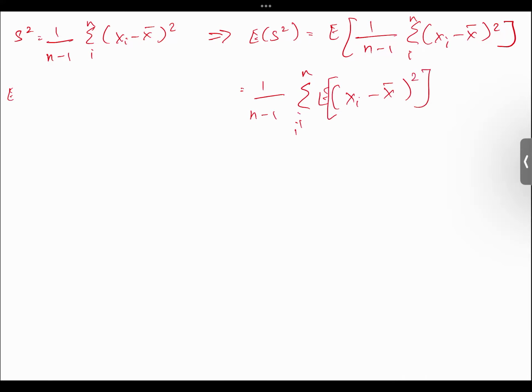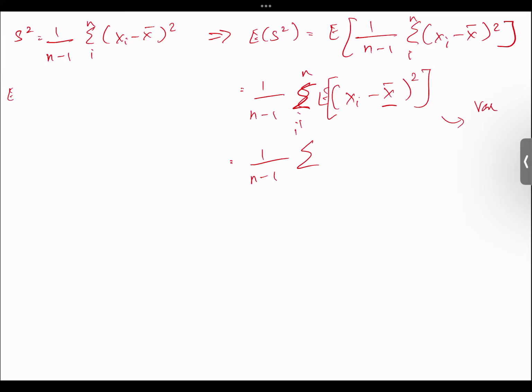Now, if you remember, in theory we have seen that this 1 by n minus 1 stays as such. The summation stays as such, and we have learned that the expectation of x minus x bar the whole square is the variance. So what is variance? Variance is basically the deviation from your mean. So x is your actual value minus your sample mean.